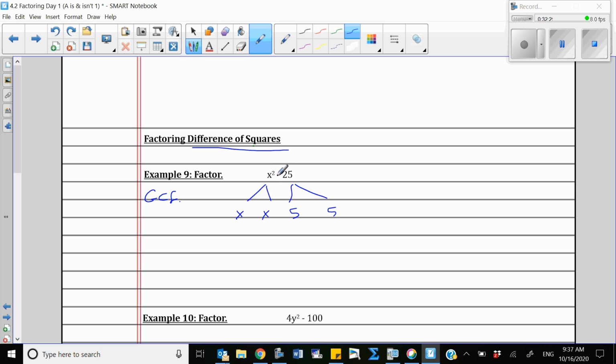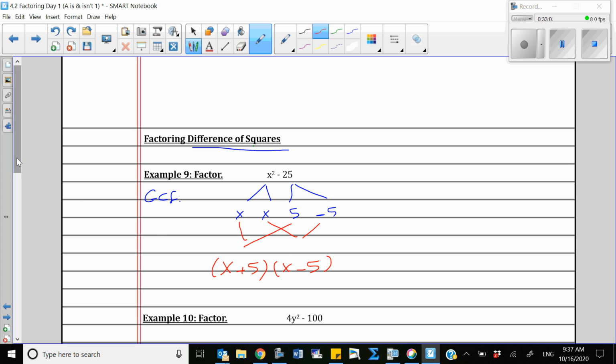But because I have a negative here, I'm going to put the negative in front of one of these 5s, because 5 times negative 5 will be equal to negative 25. So I take one x and one 5 here, and then I write x and positive 5, and then one from the others, x minus 5, and that's my answer, x plus 5 times x minus 5.